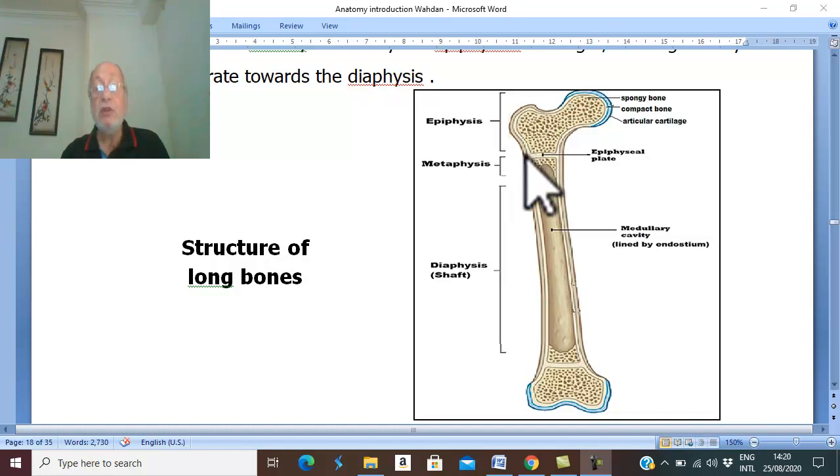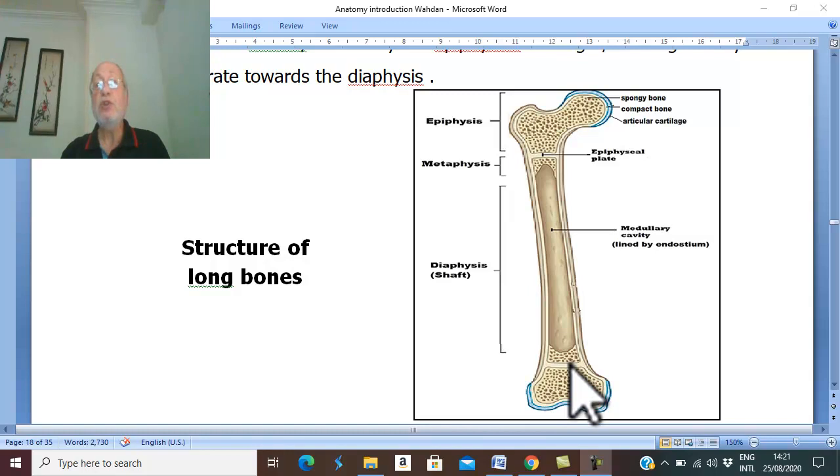One of the epiphyseal cartilages stops growing and ossifies first. The other epiphyseal cartilage continues to grow for about 2 or 3 years after the other ossified epiphyseal cartilage.